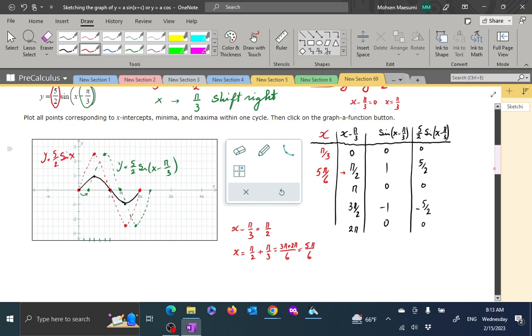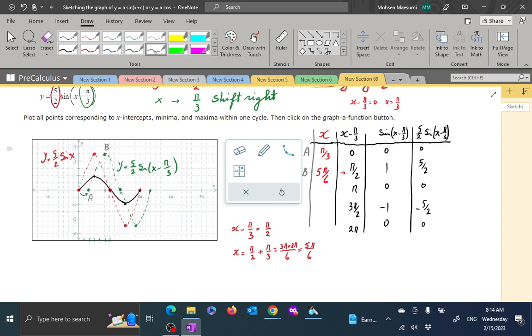So what point are we referring to? Let's label these things. So let's give them some names. So this is the point A. The point A would be here. This is point B. Point B is right up here. Notice that the height or the maximum occurs at 5 pi 6.